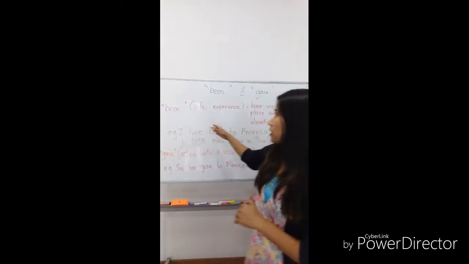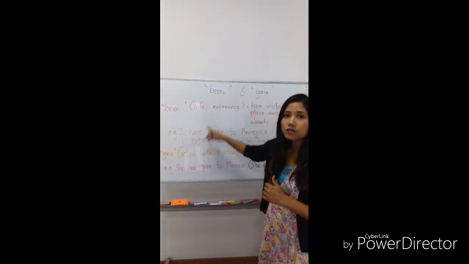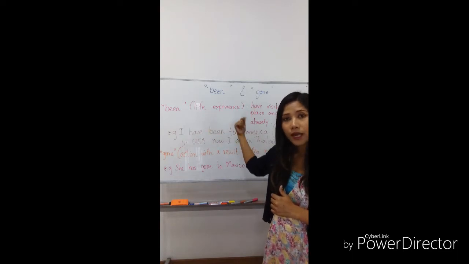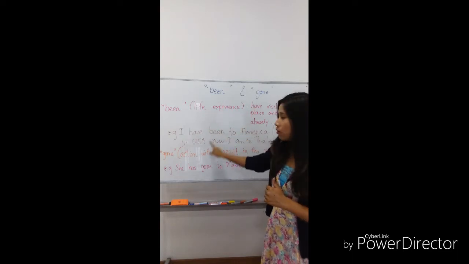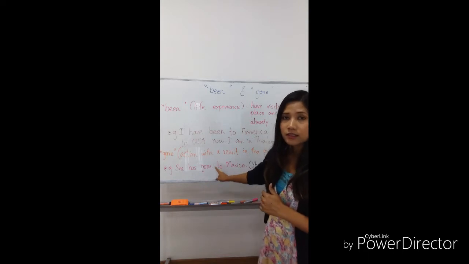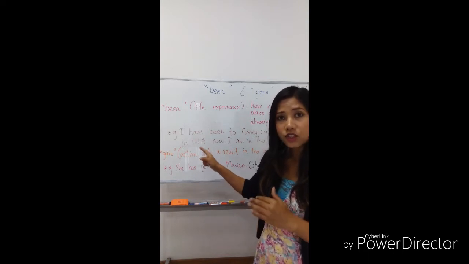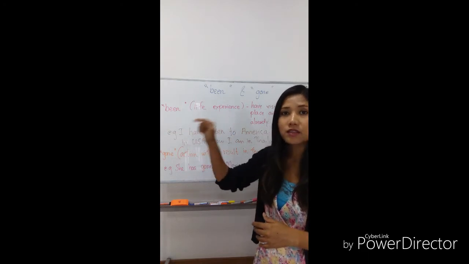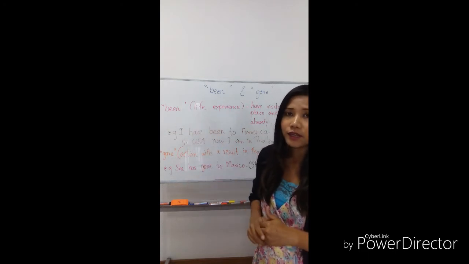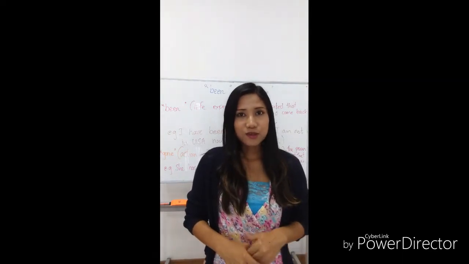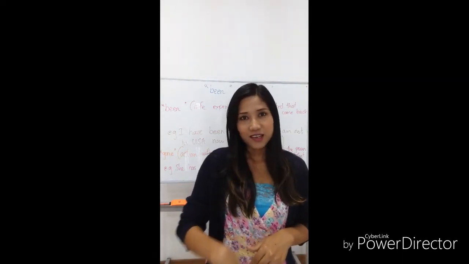So that's the difference between been and gone. When you say been, I've been to America, you're not in America. You come back already. It's your life experience. When you use gone, it's the action with a result in the present. She has gone to Mexico means she left already and she is in Mexico right now. Alright, so I hope you don't get confused like other students get confused after watching this video.